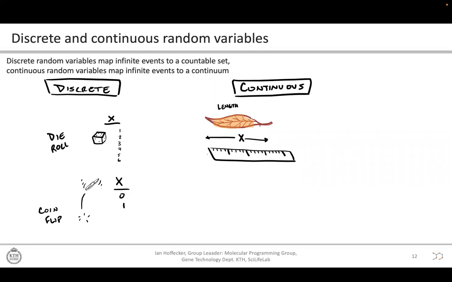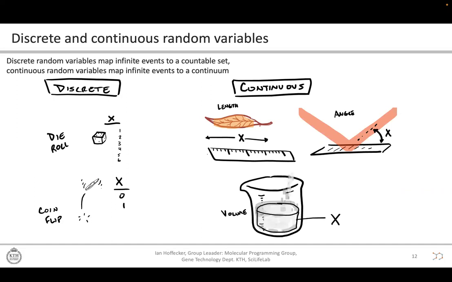There's an infinite range of possibilities that we cannot count. Another example would be an angle or a volume. All of these are quantities which can take on an infinite number of values along a continuum.